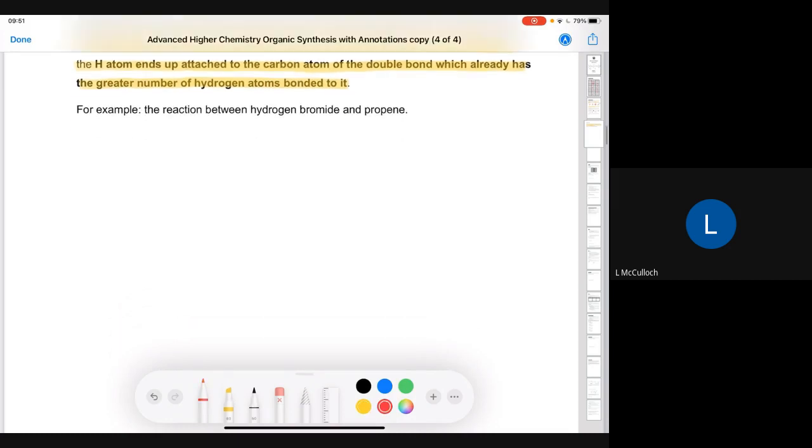So we'll look at the reaction between hydrogen bromide and propene. So propene is an unsymmetrical or non-symmetrical alkene. And because we are reacting a hydrogen halide to it, we are going to end up with two products.